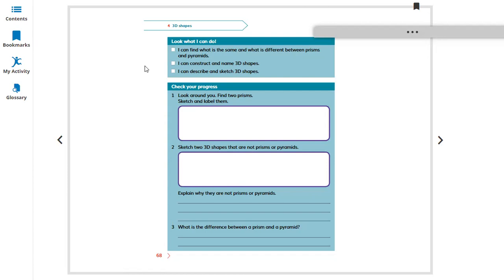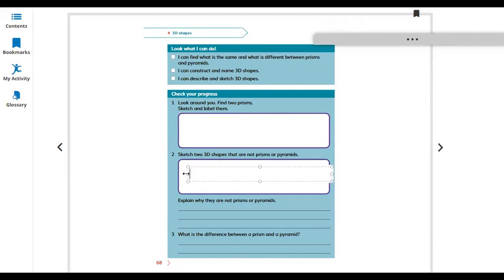They are different. Cylinder, it's not a prism and not a pyramid. I'm just writing the name. Cylinder and sphere, not a pyramid. Explain why they are not prisms or pyramids.